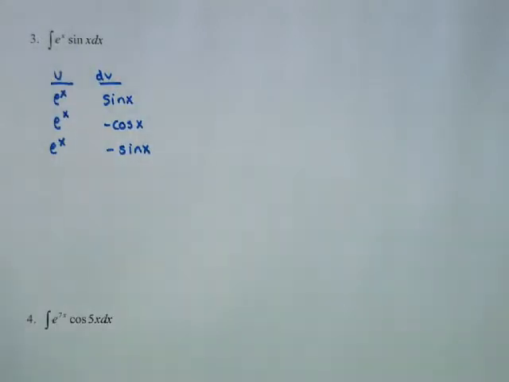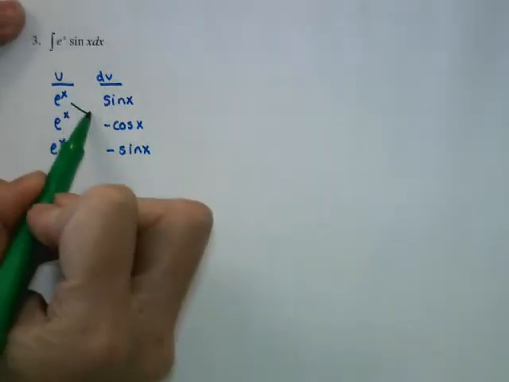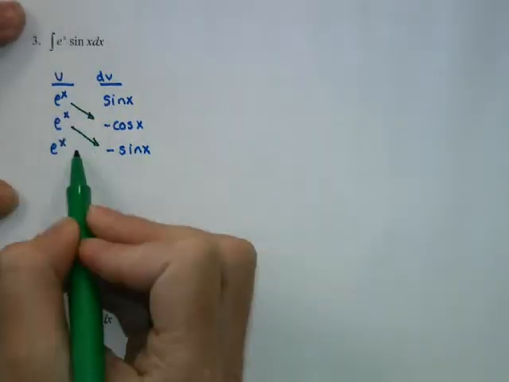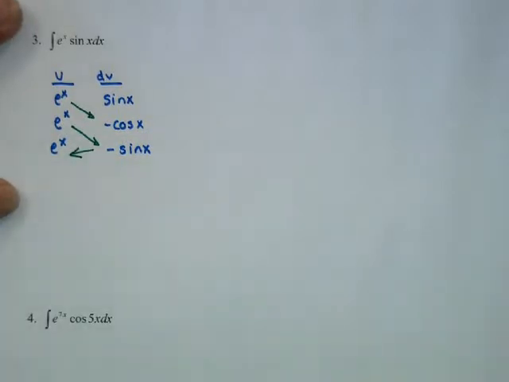So we'll draw our diagonals and our straight line across. Use alternating signs.